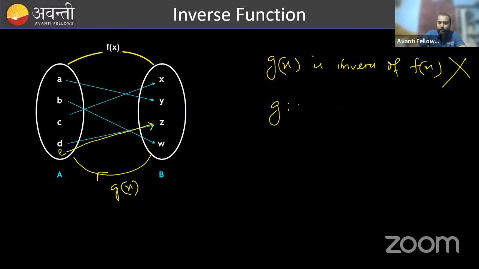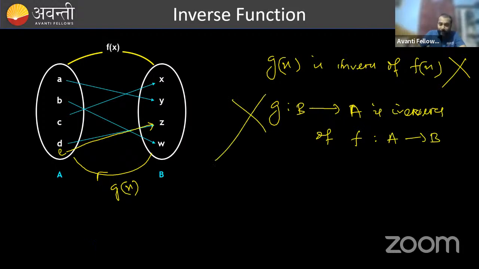g is mapping from B to A and is the inverse of f, which is mapping from A to B. This statement is not true. Why is it not true? You can see g of x, है ना? For g of x, B becomes domain and A becomes codomain. ठीक है?